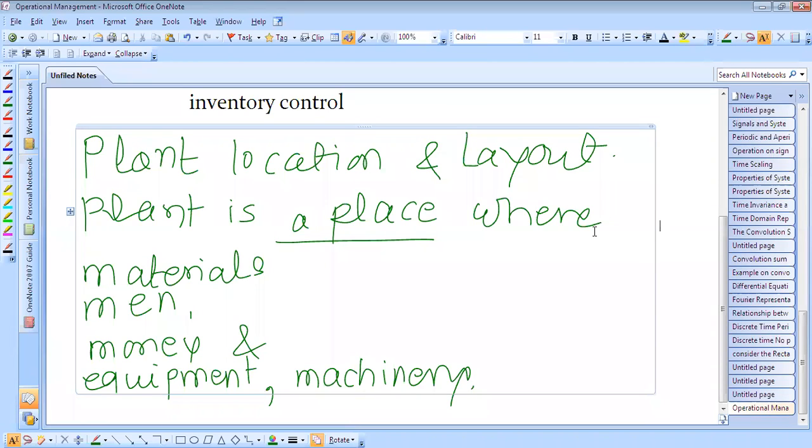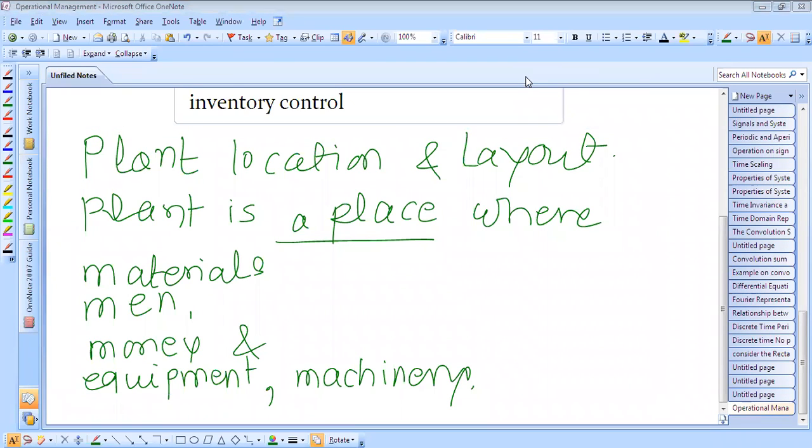Plant location generally means what should be the place for installing the plant, what should be the suitable location and the area of the plant, where the plant or the factory will start functioning. That is what we have to consider.